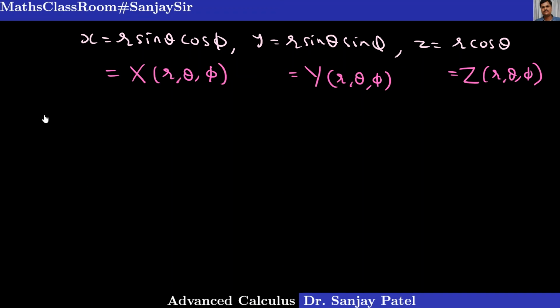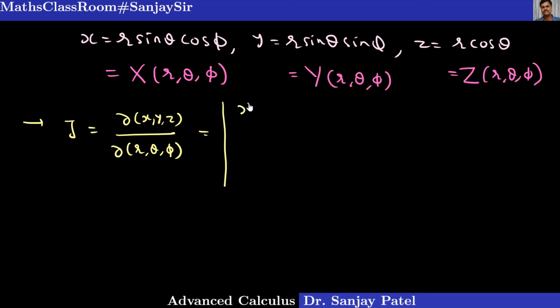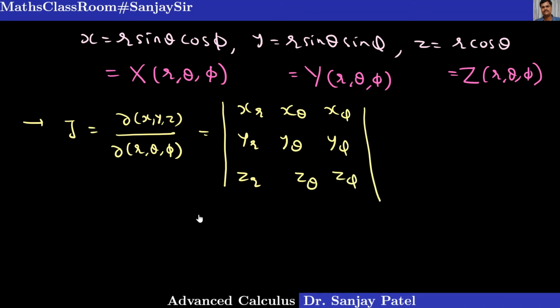So now the Jacobian J of x, y and z with respect to the new variables r, theta and phi is given by the determinant x_r, x_theta and x_phi, y_r, y_theta and y_phi, and z_r, z_theta and z_phi. We have to compute this determinant.